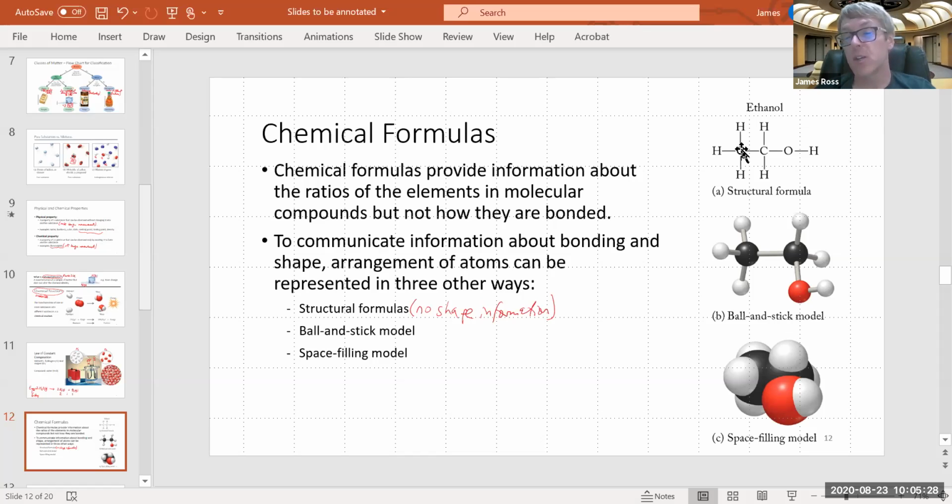Just like the English word square, if you wrote S-Q-U-A-R-E on a piece of paper, the reader doesn't necessarily know the geometrical shape of a square. They would have to convert that syntax into a visual representation. Ultimately, that's what a chemist has to do. You've got to see the structural formula, and in your mind's eye, see the space-filling model at the bottom.